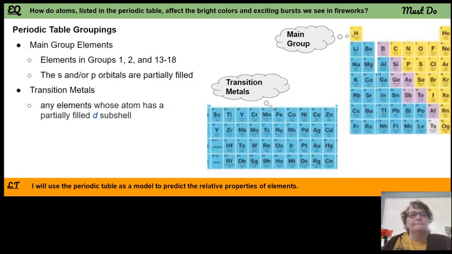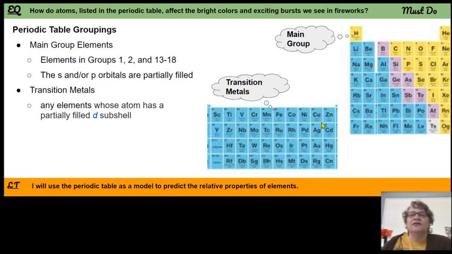The last one is that there are some special groupings. The main group elements are groups 1, 2, and then 13 through 18. So you can see this is 1 and 2, and then these are 13 through 18. Those are like the main elements.